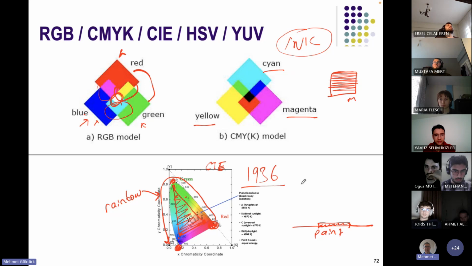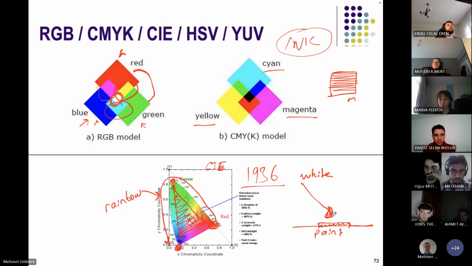Okay, light comes in. What is a paint? Does it generate light? No. Ömer, does it generate light?